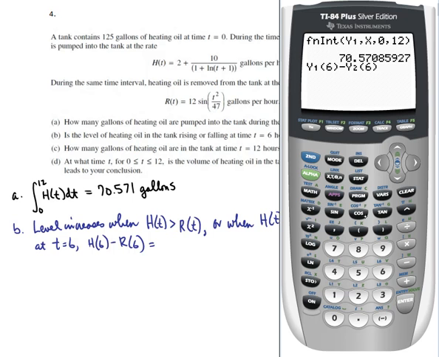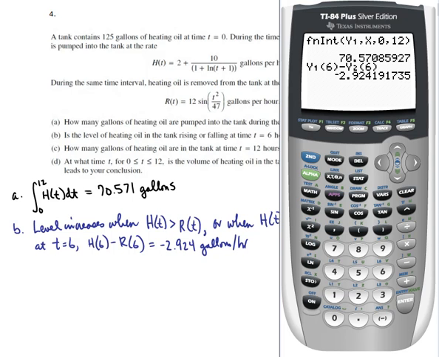So that's h of 6 minus r of 6. And we're told that that equals negative 2.924. Since that number is negative, it means that r of 6 is greater than h of 6. The amount of oil leaving the tank is more than the amount of oil being added to the tank, and therefore the level will be decreasing.